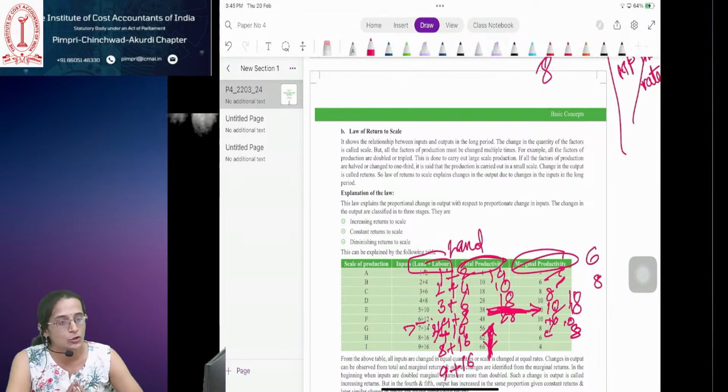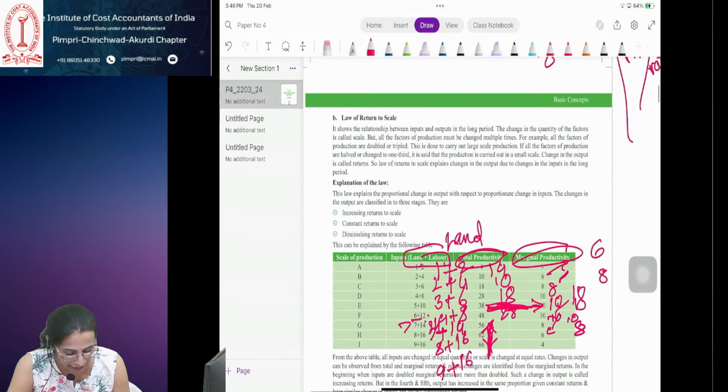Returns to scale, because all factors of production are increasing. Naturally, when the inputs increase, the output will increase at a larger scale. So it is written as returns to scale because every variable is increasing at a large rate. So the increase is on a scale basis.